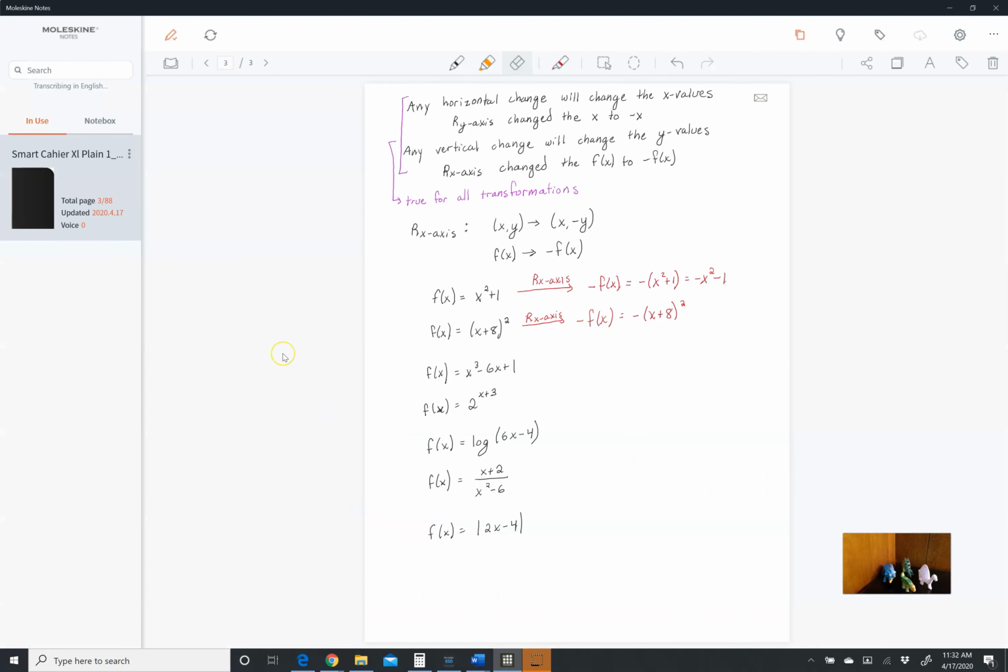Okay. Let's do these other ones. So again, negative f of x. And you just put a negative in front of the whole thing. You have to put a negative in front of the whole function. Okay. You can distribute it, but you're changing the whole function. This one, a negative in front of the whole function.